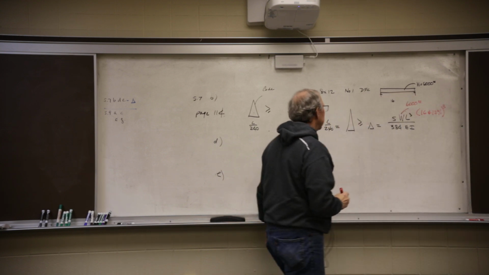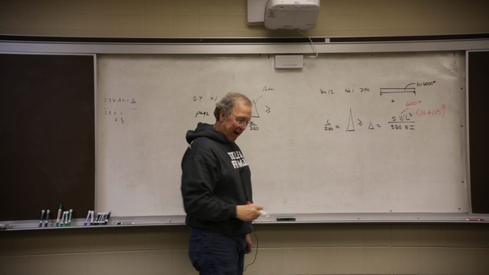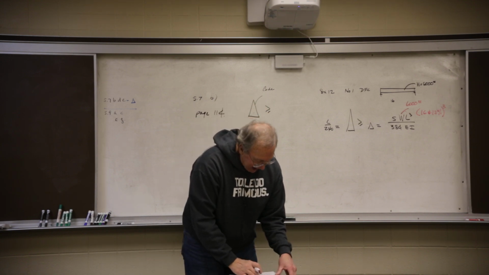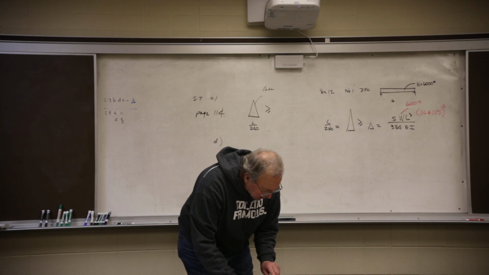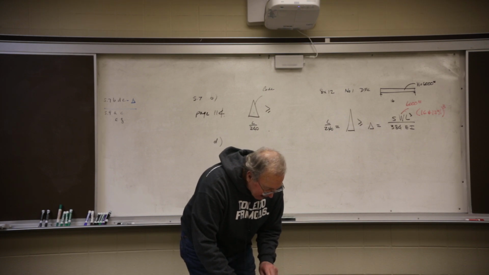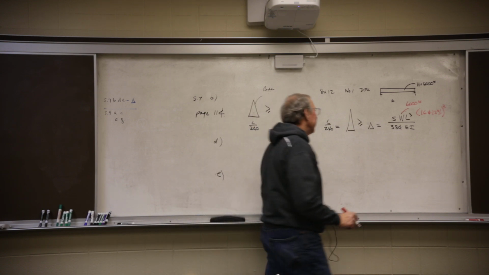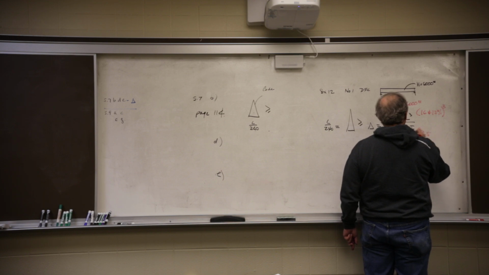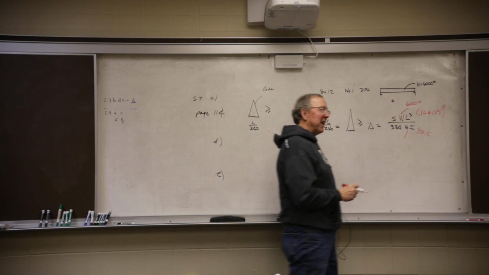384 is a constant. I've got an 8 by 12, so I go to the back of the book and pull the I for an 8 by 12. There you are: 950.5. E is from table 5.1.